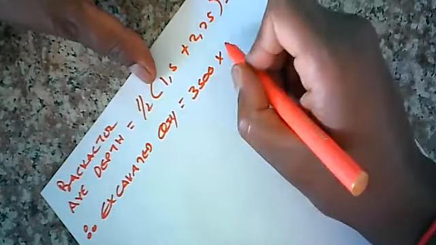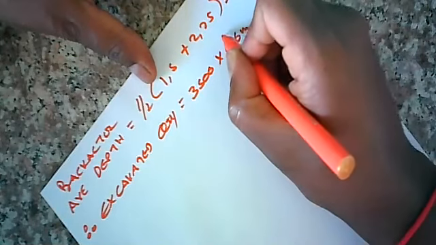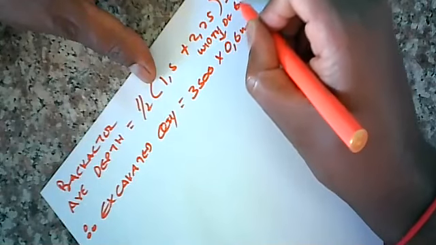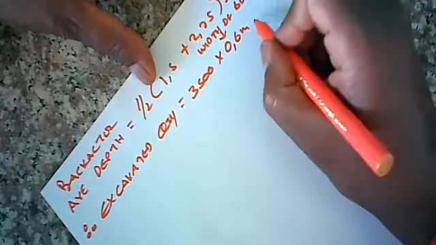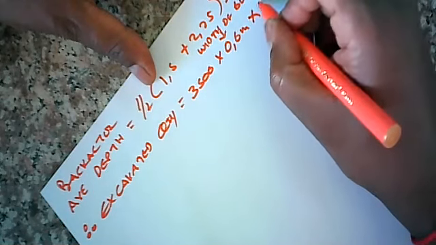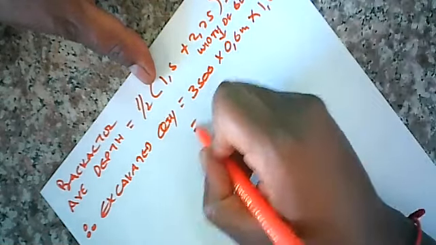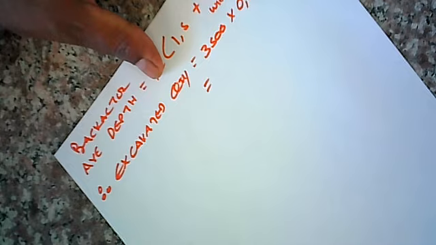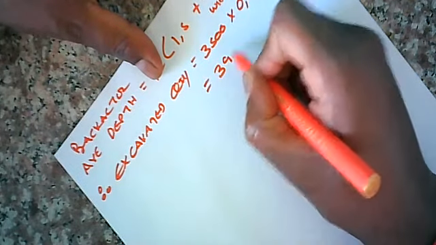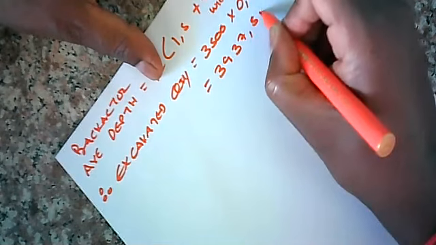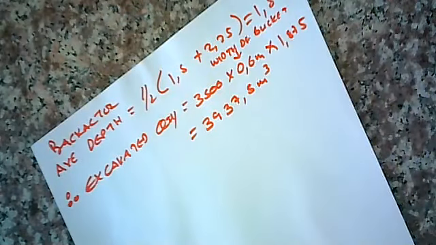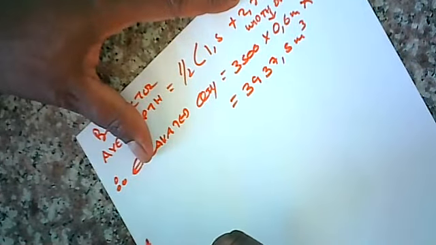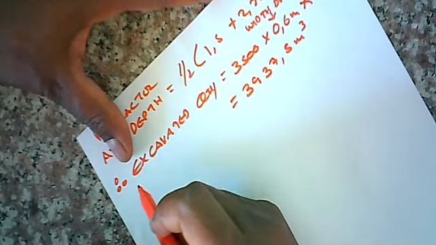The width of the bucket is 0.6 meters. Let's put a note here, width of bucket, so you don't get lost where this number came from. And we multiply that by the average depth of 1.875, and we get a quantity of 3937.5 meter cubed. So that's the kind of volume we're dealing with, more or less. You'll see it's going to go up, it's going to drop for different reasons.